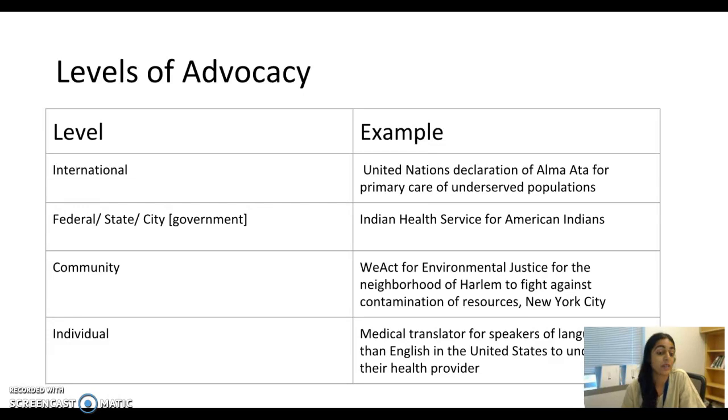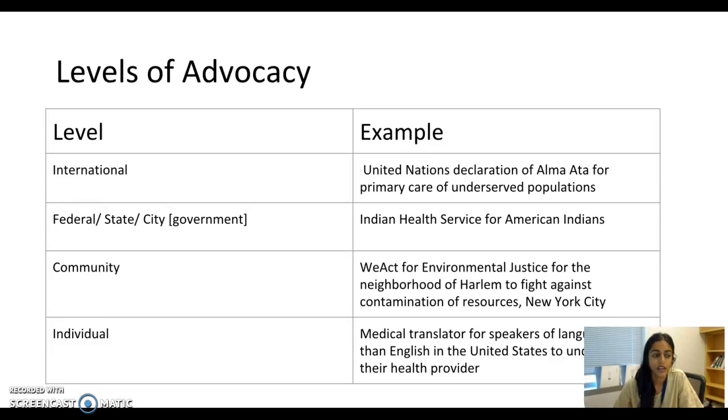And the example I have here is We Act for Environmental Justice, which is a wonderful group in Harlem, New York City that I had the privilege to work with, which advocates for clean air quality and a clean environment for residents of the neighborhood of Harlem.